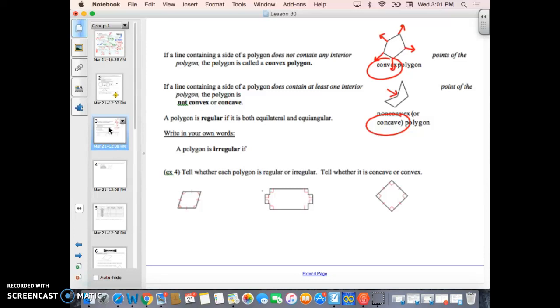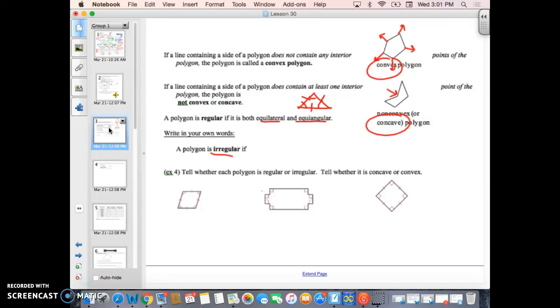And then a polygon is regular if it is both equilateral and equiangular. And so a good example of that is an equilateral triangle, where all the sides are equal and all the angles are equal as well. So if a polygon's not regular, we call it irregular.